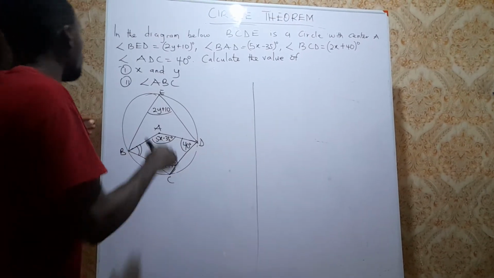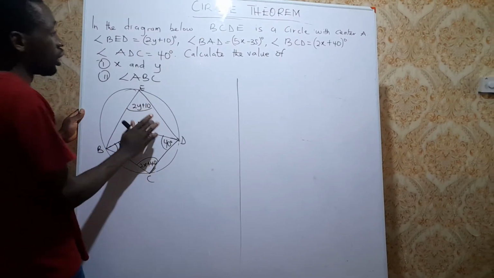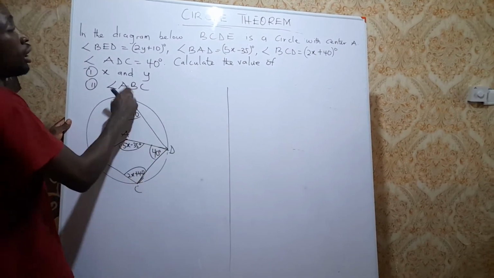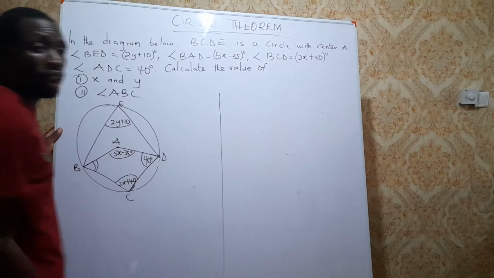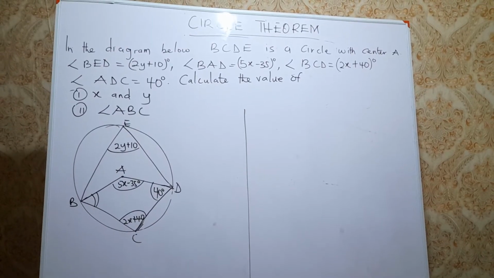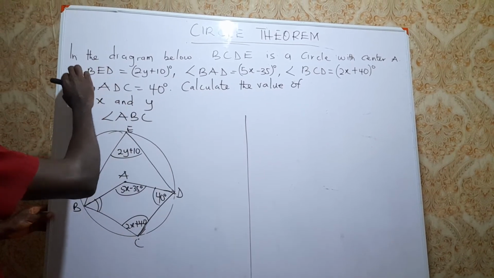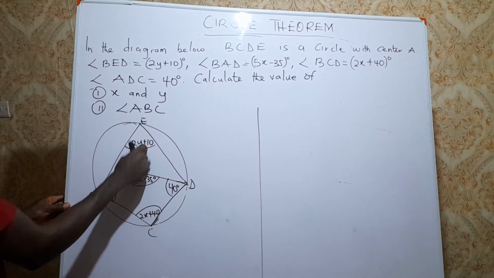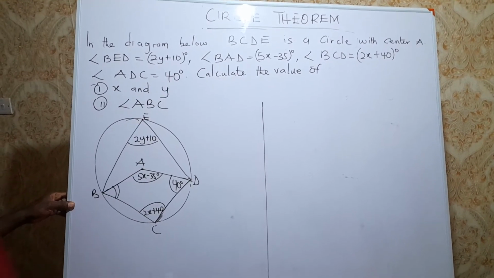Okay, let's solve our last question for today. Now let's go to our question. They say in the diagram below, BCDE is a circle with center A. And they say angle BED, this angle, is 2y plus 10 degrees.